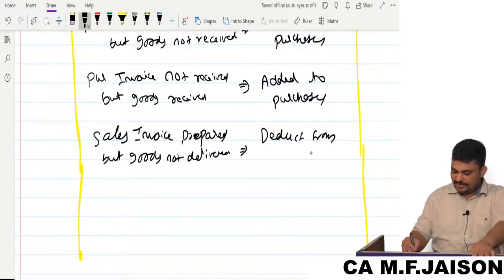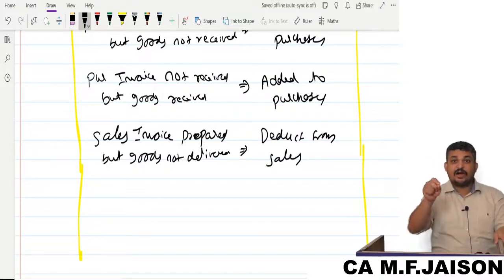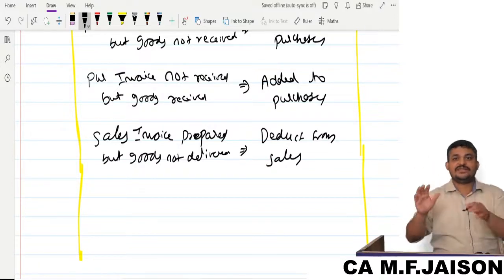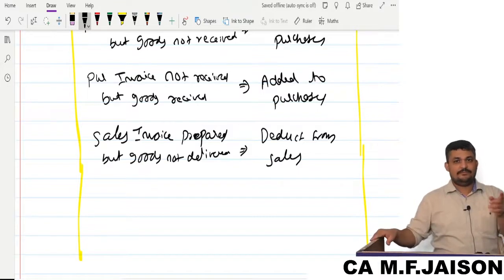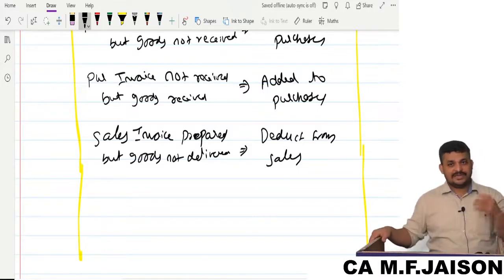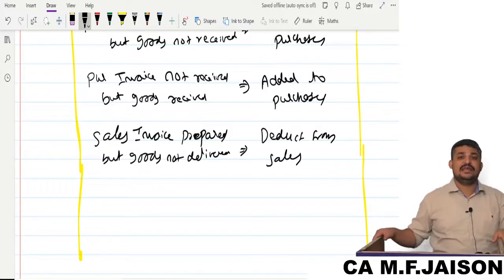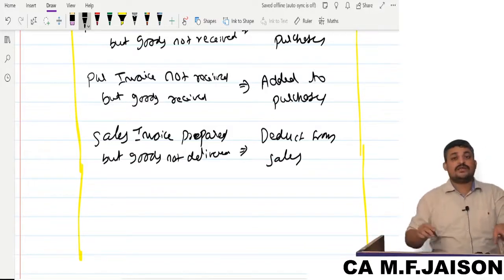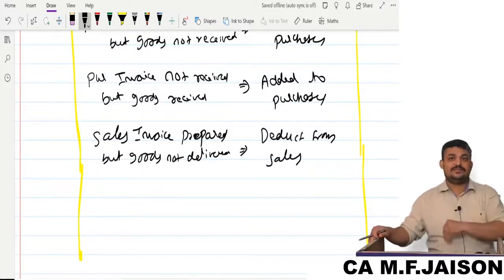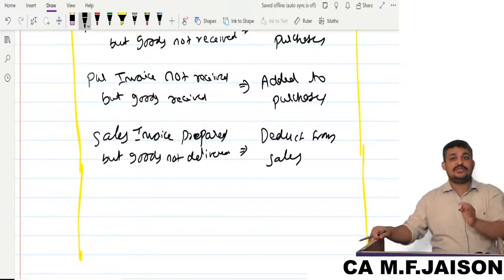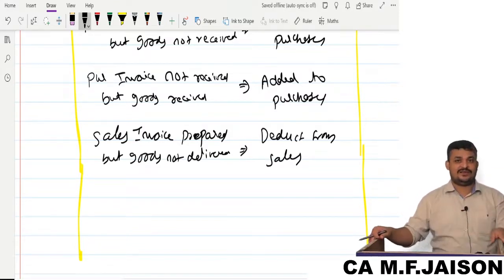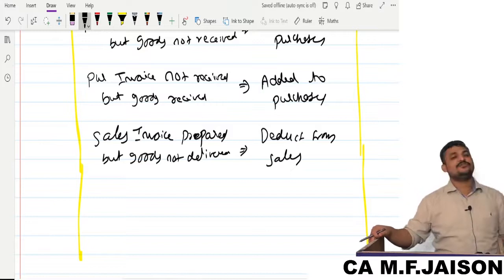Deduct from sales. Because sales invoice prepared, now we have accounted as sales. When it is already accounted, one more addition is never possible. But should I deduct or not? I should check. Yes, I should deduct because the goods are still there with me. So goods not delivered means goods are still with me. So by deducting from sales, you are including in stock or excluding from stock? Including in stock. Like that you should understand.